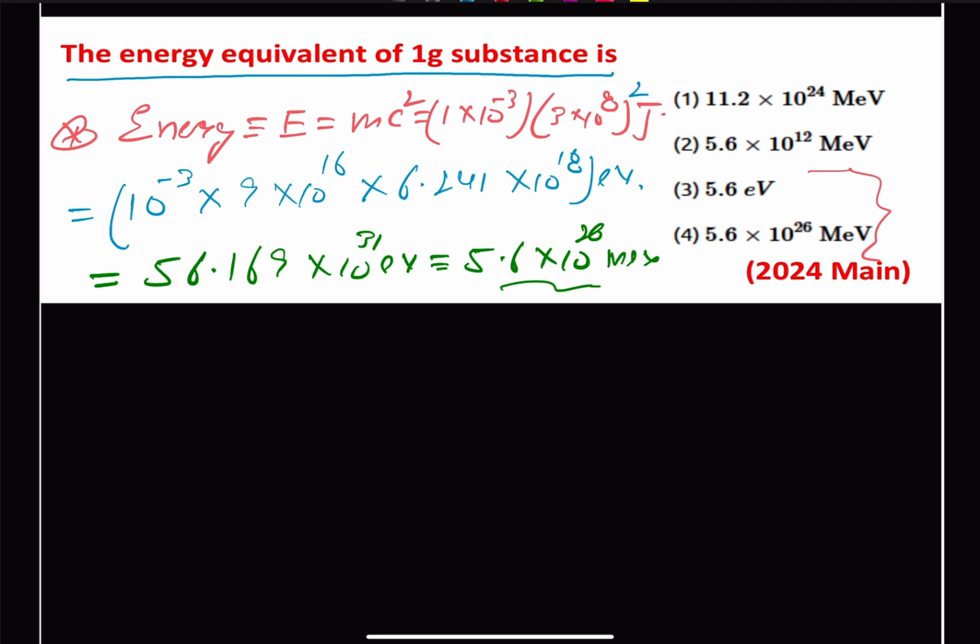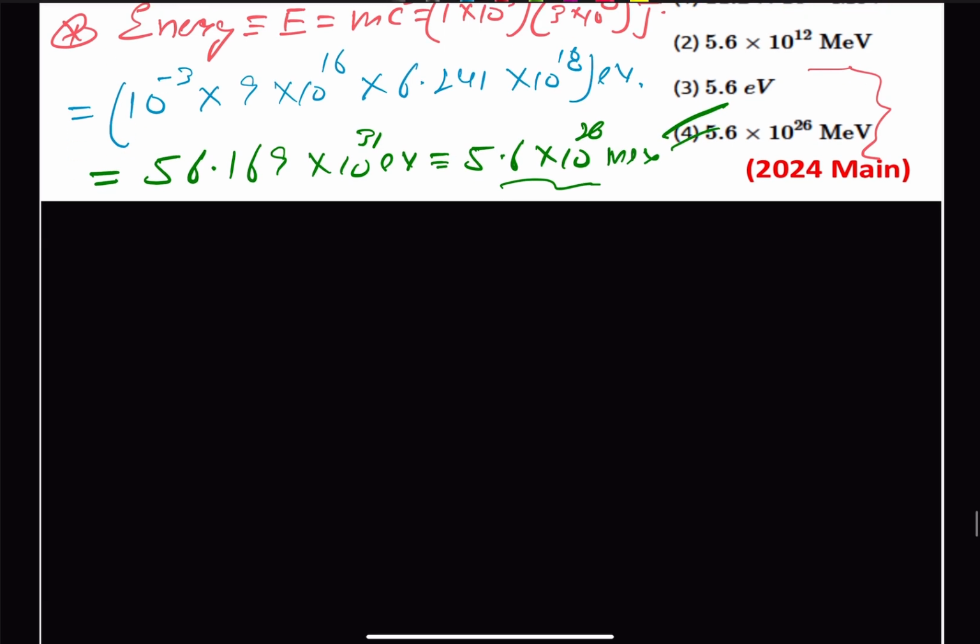Or we can multiply directly by 931.5 and also get the same result. So option 4 is correct.